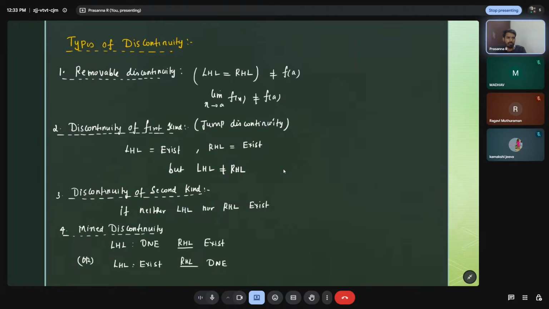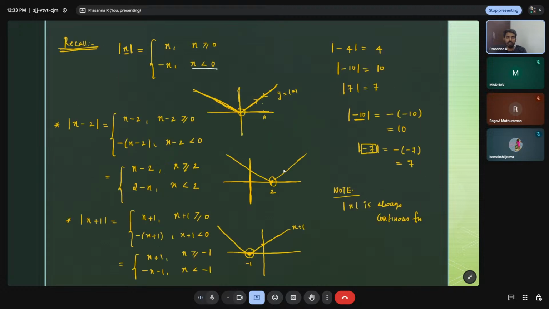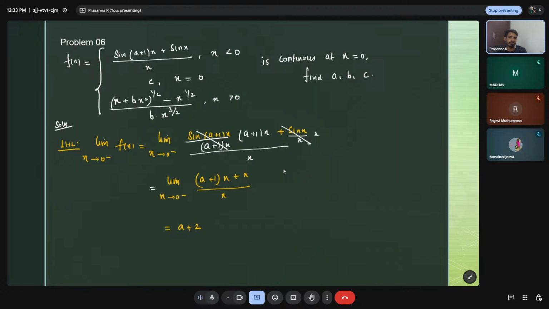So these are the small subtopics about classification of discontinuity, right? So continuity is over. Very simple. If you want to check continuity at some point, you just find LHL at 0, RHL at 0, function value at 0. If all are equal, it is continuous. If they are not equal in some way, it is discontinuous.